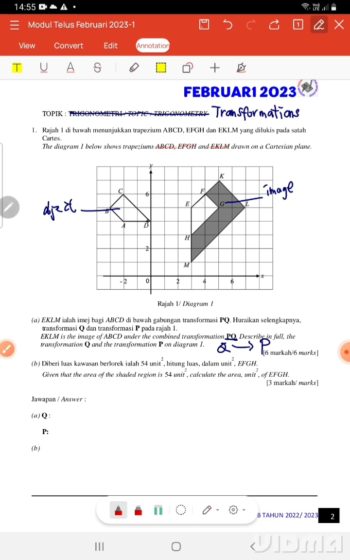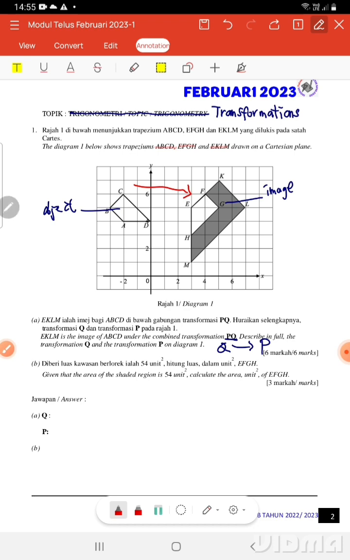So from ABCD we go to EFGH first, and then from EFGH the trapezium gets bigger.